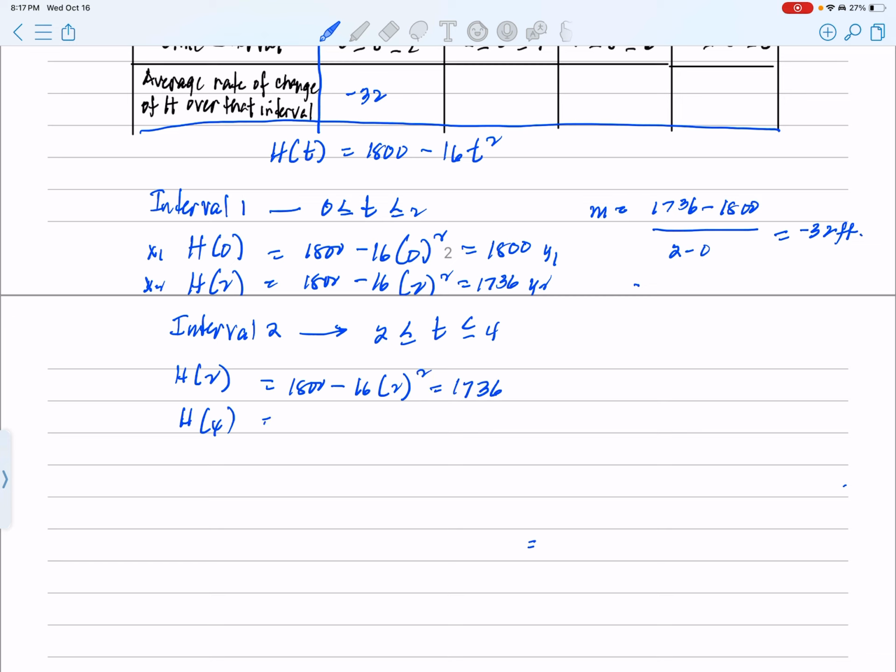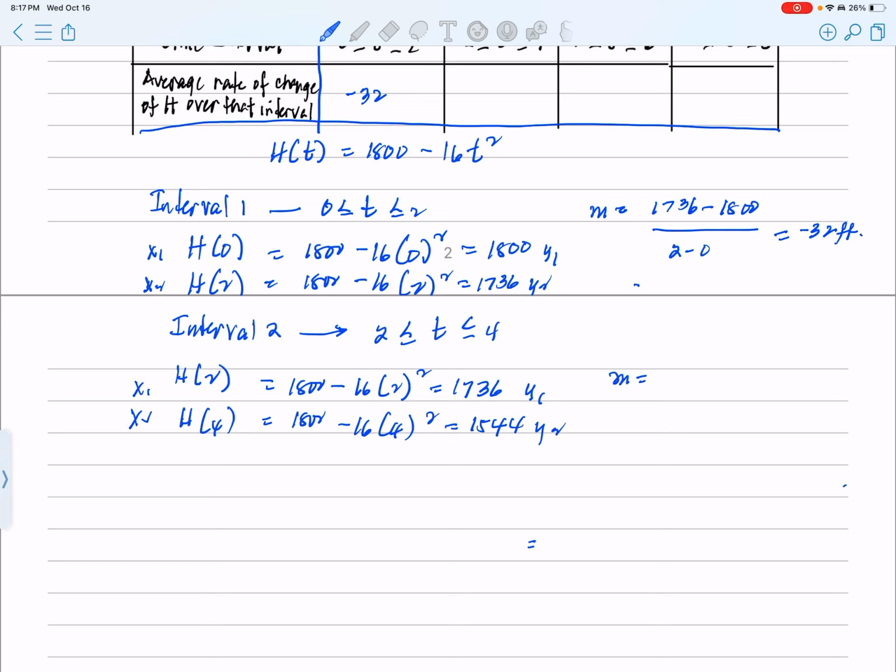And h of 4, 16 times 4 squared, that would be 1544. So this is your y2, y1, x2, x1.